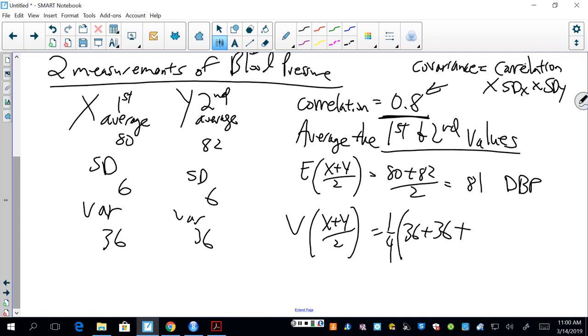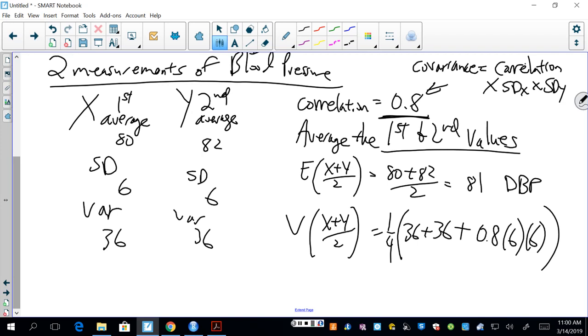A correlation of 0.8 would say that people with high blood pressure tend to have high blood pressure on both measurements, and people with low blood pressure tend to have low blood pressure on both measurements. Standard deviation of 6, standard deviation of 6, and you get that.